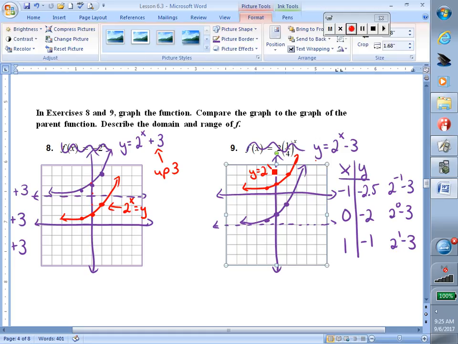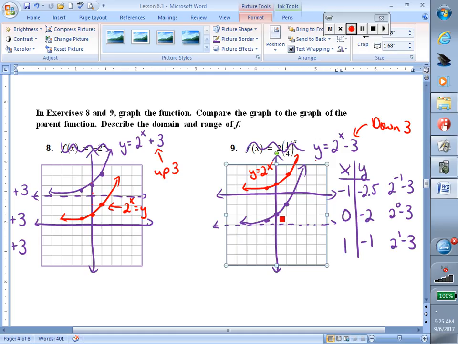So there's no minus 3 there. So now if I subtract 3 to get from the red graph to the purple graph, our graph has been moved down 3. So adding 3 on caused our graph to move up 3. Subtracting 3 caused our graph to move down 3.